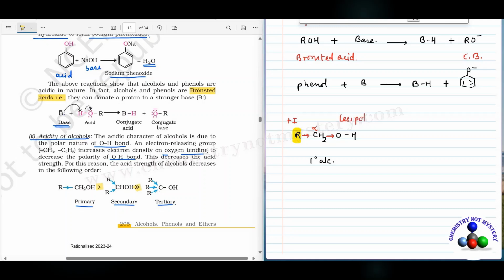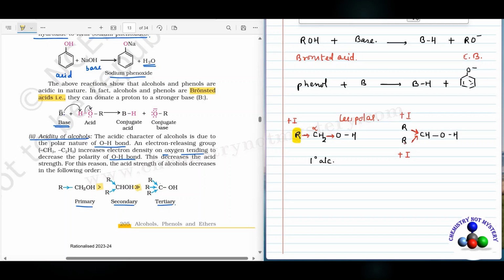Now when you examine the secondary alcohol, there are two R groups bonded to the alpha carbon, and this alpha carbon is bonded to OH. Now, this alpha carbon is even more electron rich by the donation of electron density through the plus I effect of two alkyl groups.